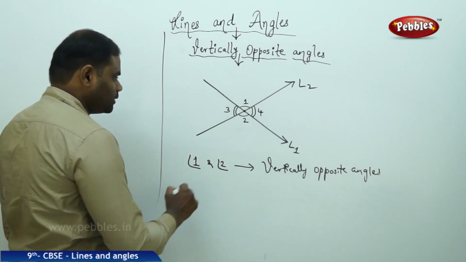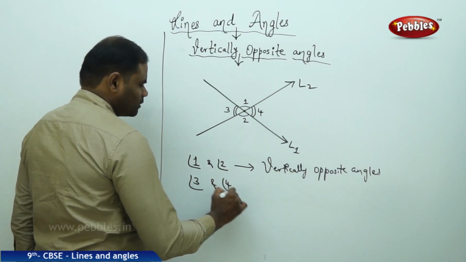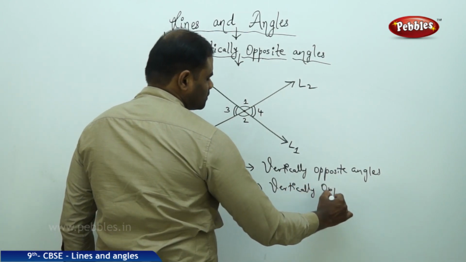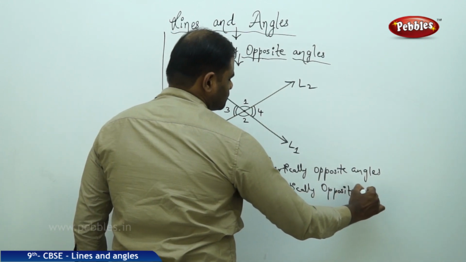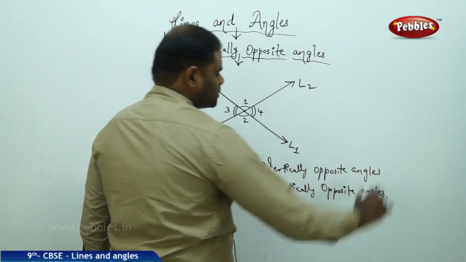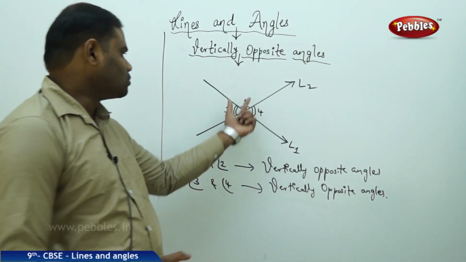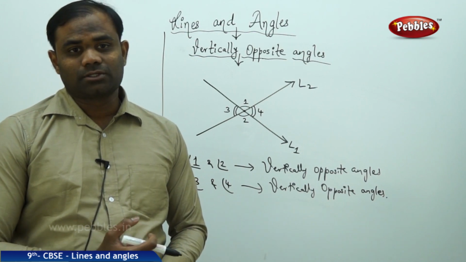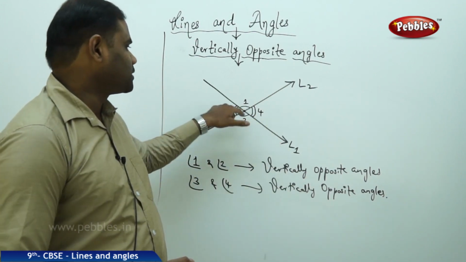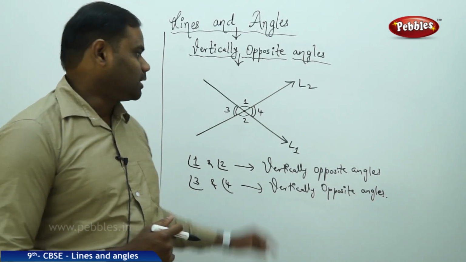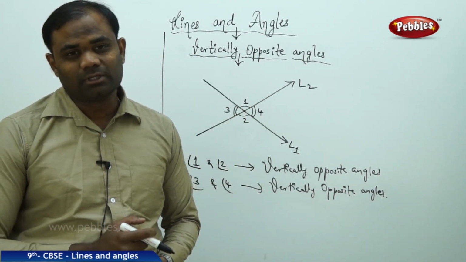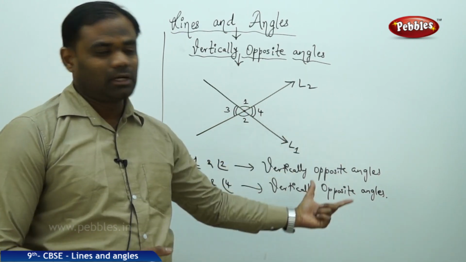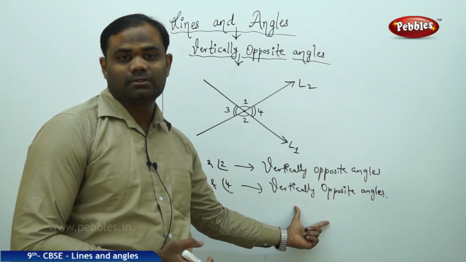Similarly, angle 3 and angle 4 are also said to be vertically opposite angles. So when two lines intersect, at that point of intersection we have four angles formed, and the opposite pairs are said to be vertically opposite angles.